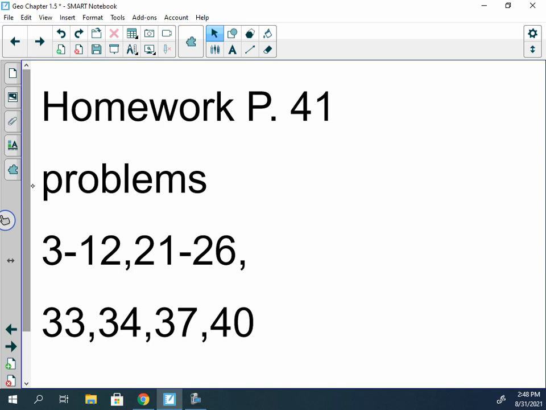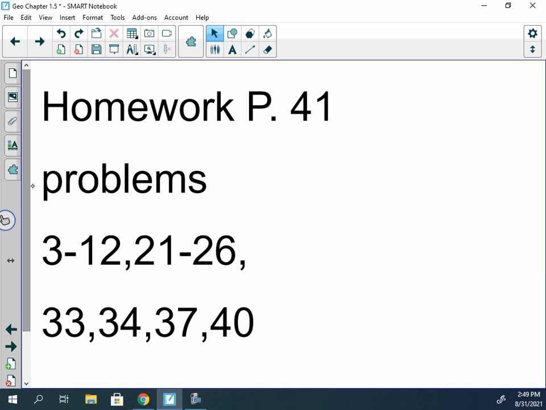So a lot of these here are naming the angles and a lot of that kind of stuff. So the reason it's a little bit more is because I know that y'all can get through it a little bit faster than some of the others. Yep, so 3 through 6 is name the angle in 3 ways.